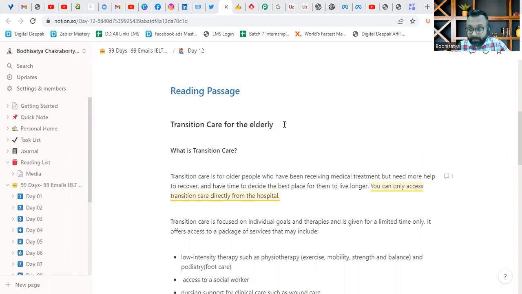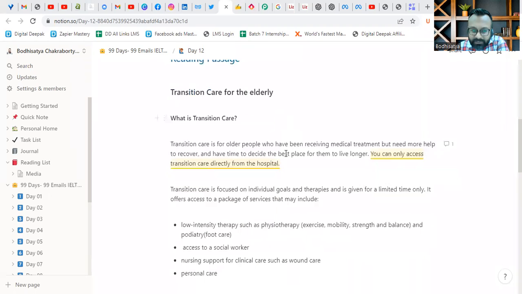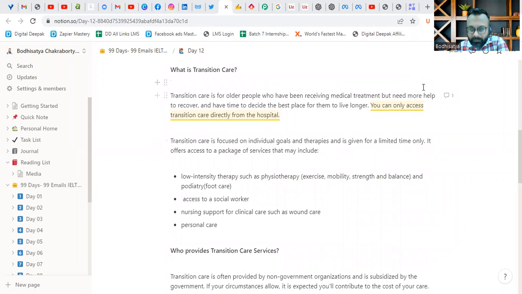I'm going to quickly read the passage so that it can be well understood with the context. What is transition care? Transition care is for older people who have been receiving medical treatment but need more help to recover and have time to decide the best place for them to live longer. You can only access transition care directly from the hospital.